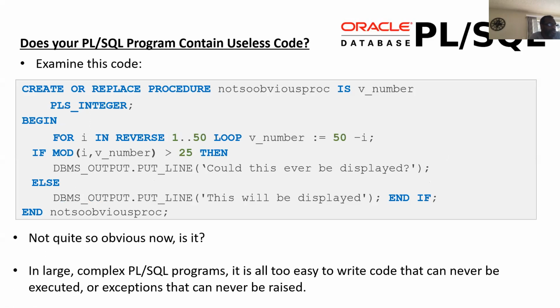We're actually running a reverse loop, and we're going to do something if it's greater than 25, et cetera, et cetera. So any comments on this particular procedure? Would there be a reason to run something like this?